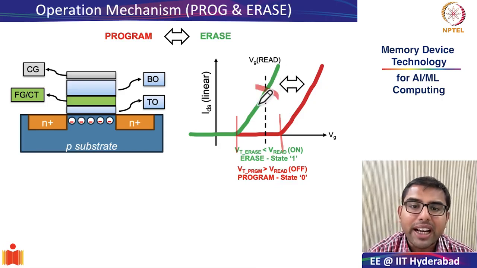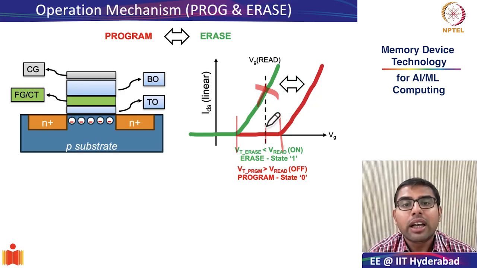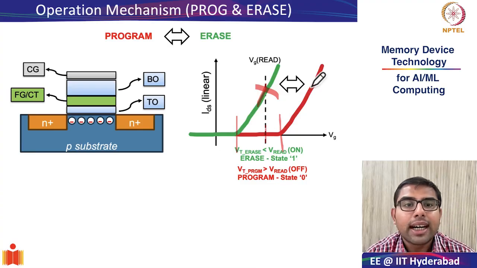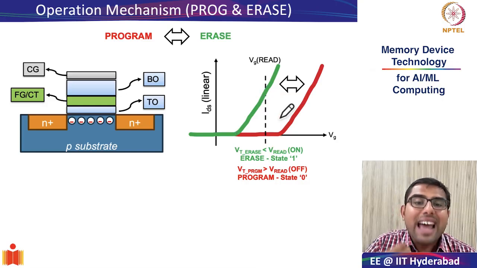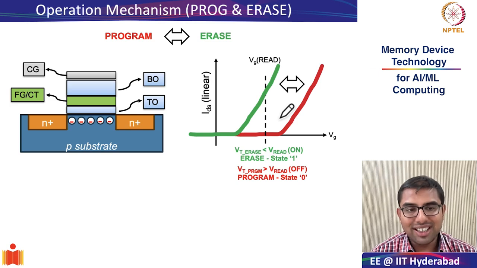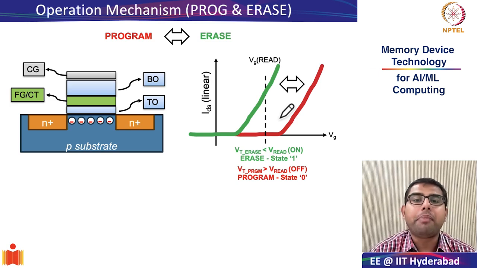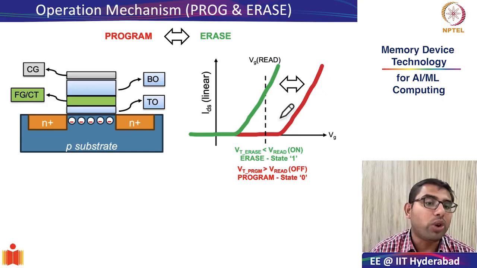You see a finite current at the reference voltage or read voltage, and at the same read voltage in the program state, it is in off state. As a result, the same transistor, by virtue of charges being trapped and detrapped, can behave like a memory device, or in this specific case, more like a storage device.